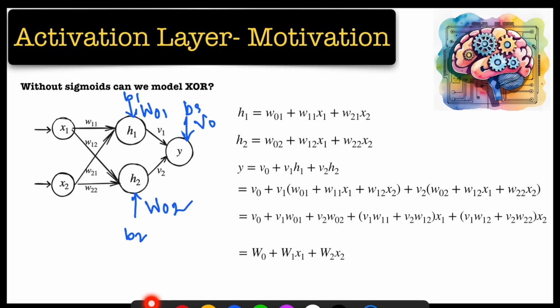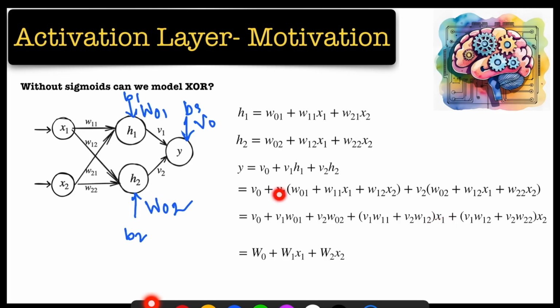Now let's simplify this. V0 plus V1 W01 plus V2 W02. So these three are the biases. Then we get V1 W11x1, and here we have V2 W12x1. So we can write it as V1 W11 plus V2 W12, and multiply this with x1.